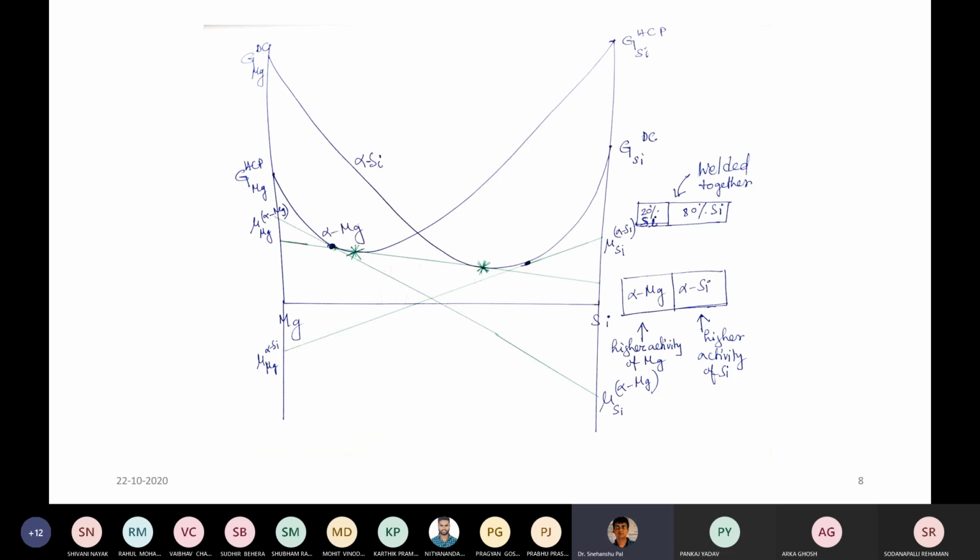That can also be seen from the chemical potential, from how the tangent cuts the pure silicon axis and the pure magnesium axis.